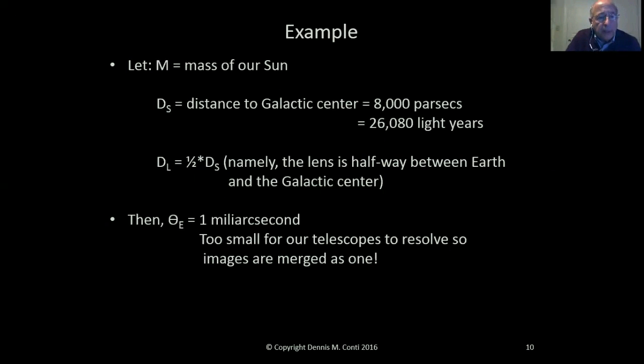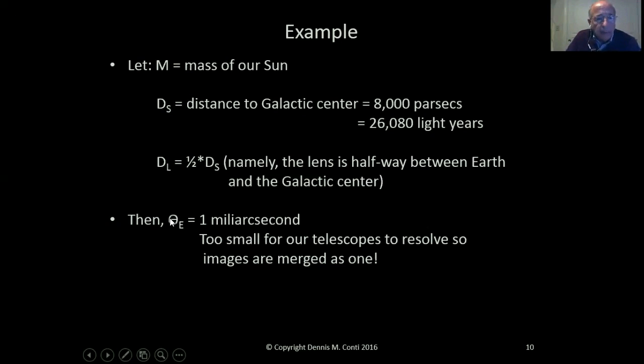So let's take an example. Let's say the lens has a mass the size of our sun, and let's suppose that the distance to the galactic center from us on Earth is 8,000 parsecs, or 26,000 light years, which is the distance from us to the middle of the Milky Way galaxy. And let's suppose that this lens is halfway to that distance.